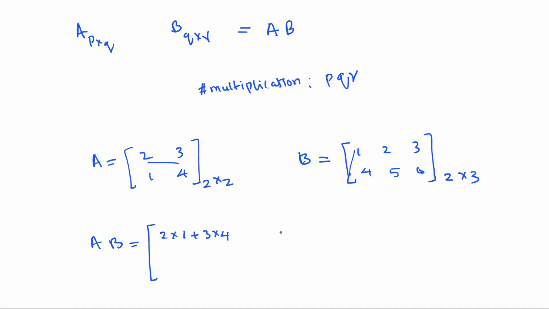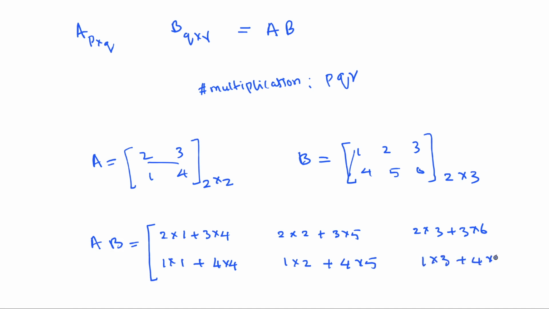Similarly, the next element will be 2 into 2 plus 3 into 5, and the second row will be 1 into 1 plus 4 into 4, and the next element will be 1 into 2 plus 4 into 5, and the next element will be 1 into 3 plus 4 into 6. Okay, so this will be essentially a 2 by 3 matrix.